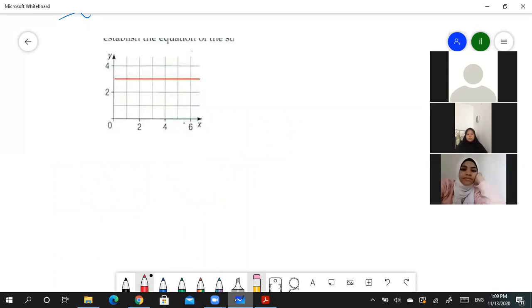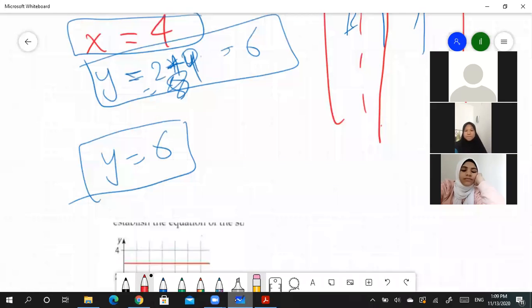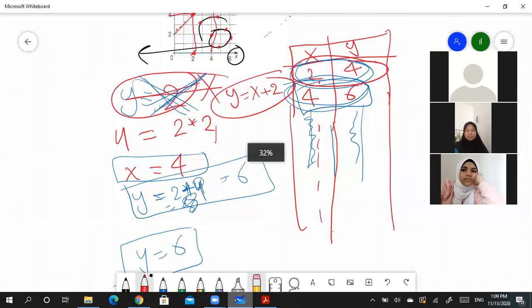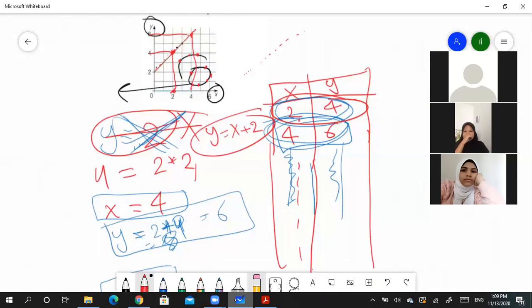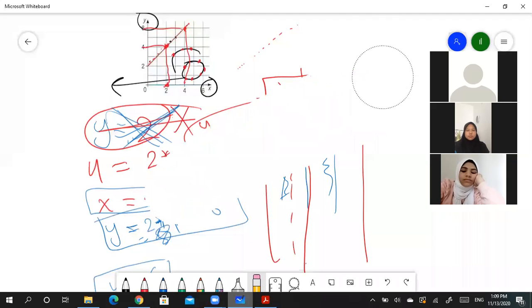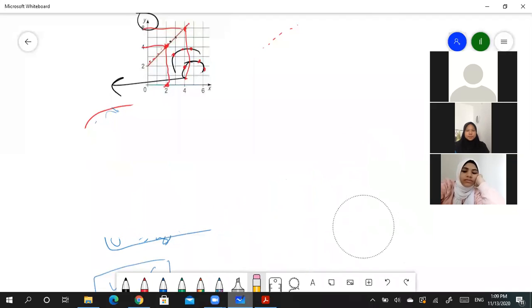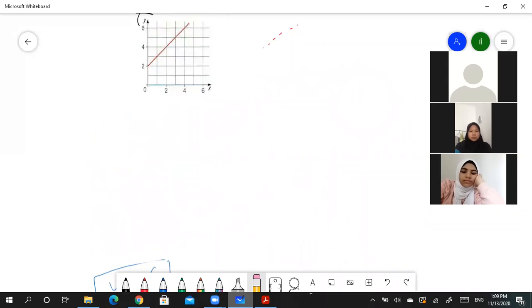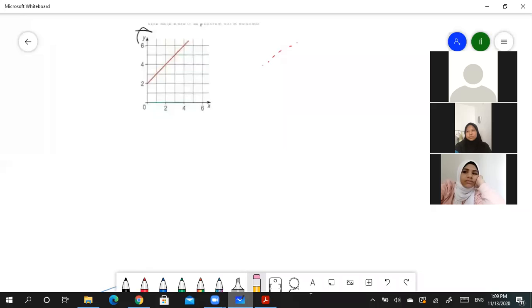Did you understand what's the meaning of the function of the line, any line? I have explained it here. Any line should have a function.